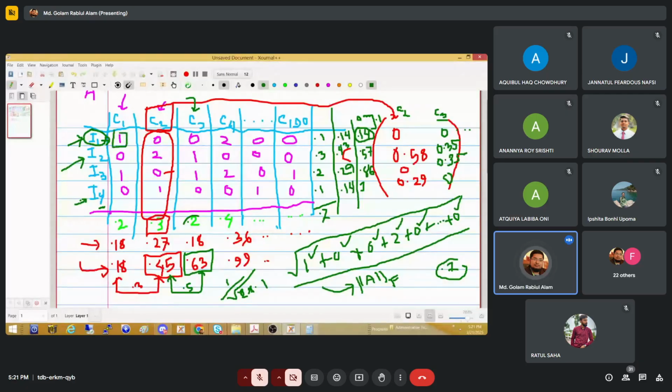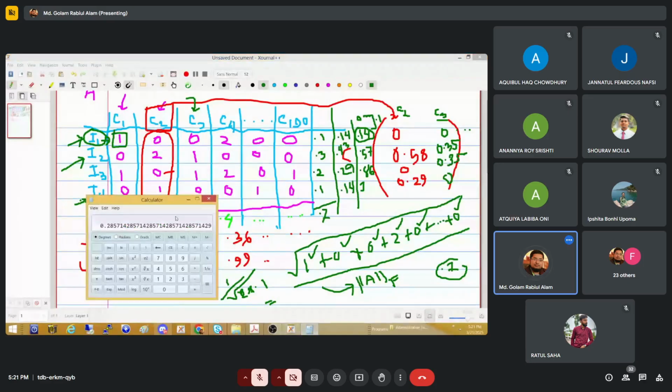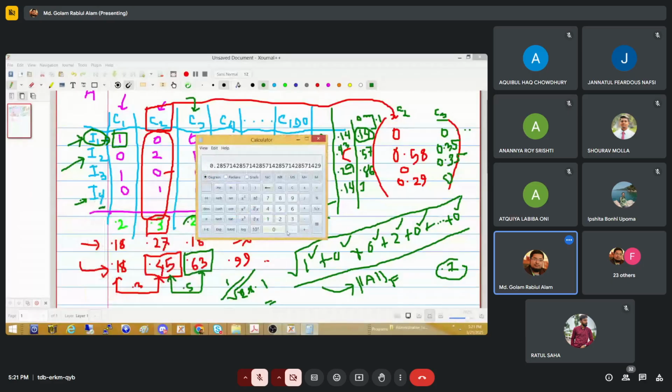Instead of this, it will be 1 by 2 times 1. So 2 times 1, it means 0.2, square root of 0.2. Square root of that is 0.447.